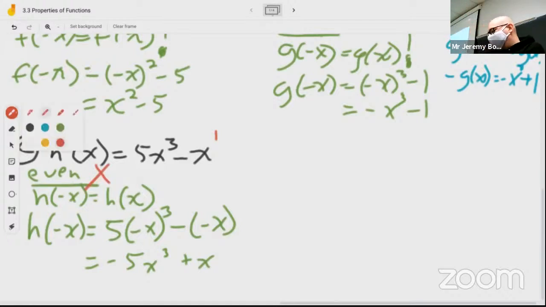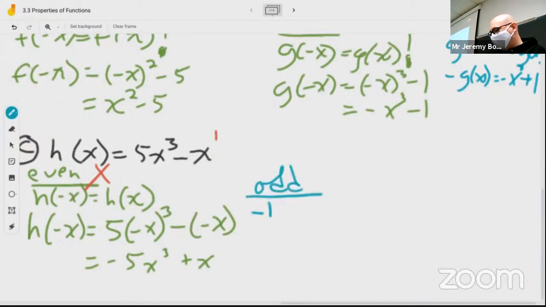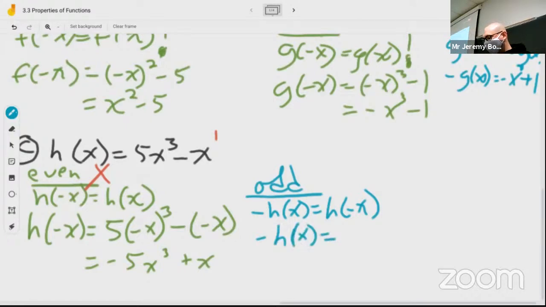So let's look at the odd test and try to see if negative h of x is equal to h of negative x. We already know what h of negative x is. We just need to figure out what negative h of x is. So that's multiplying my whole function by negative 1. I get negative 5x to the third plus x.